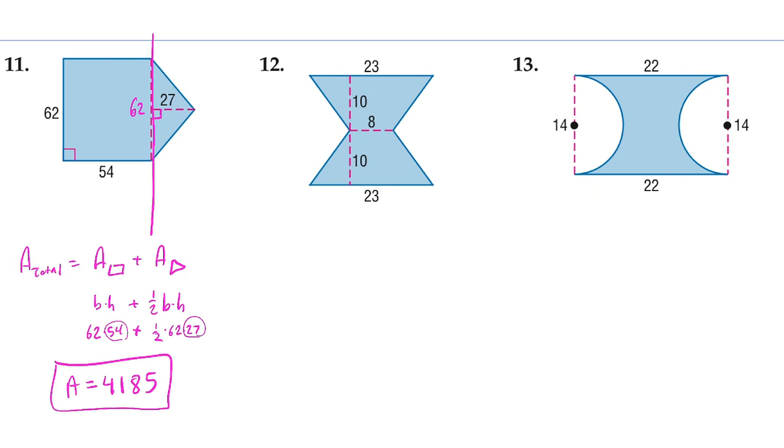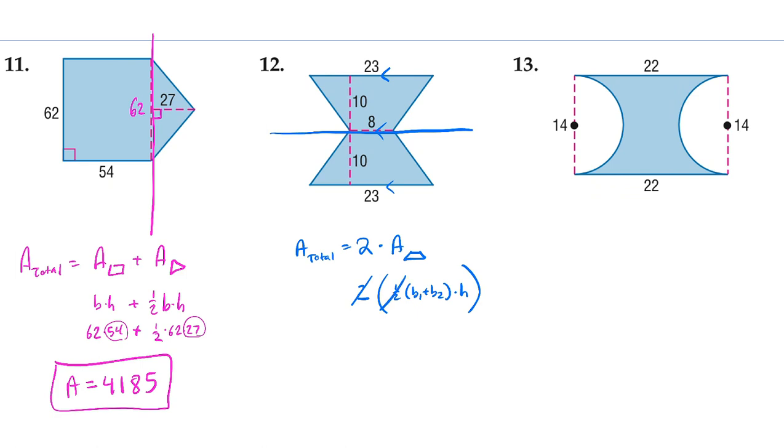Okay, so then let's switch colors and do the middle problem here. So I see this as 2 of the exact same trapezoid on top and bottom. So we have these 2 trapezoids. So I remember the area, so the area total equals 2 times the area of a trapezoid. And I know the area of the trapezoid is 1/2 base 1 plus base 2 times height.